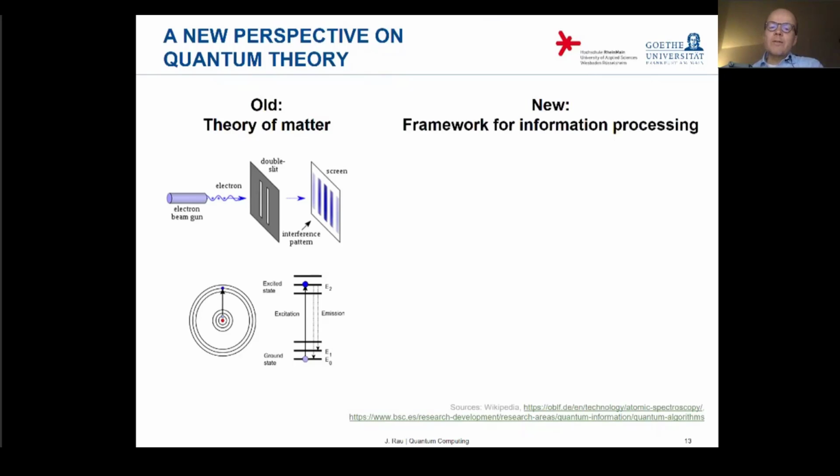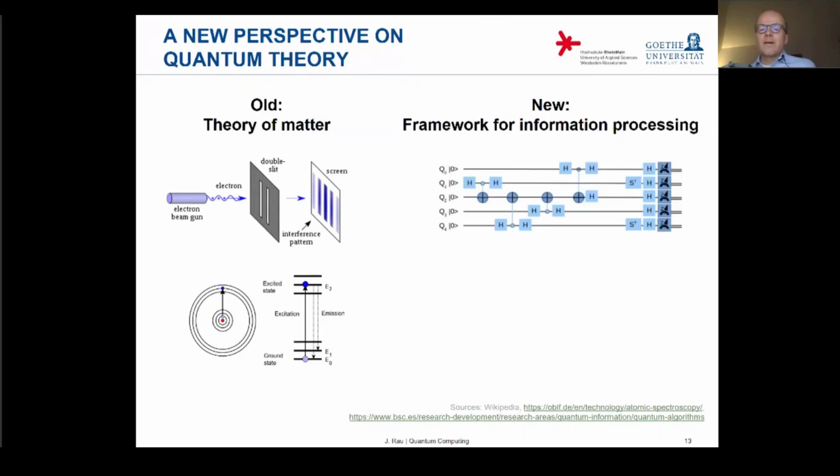Now, when you learn about quantum computing, what you will see is that quantum theory is also, or can also be regarded as a framework for information processing. So we will look at quantum circuits that might look like this, for example.